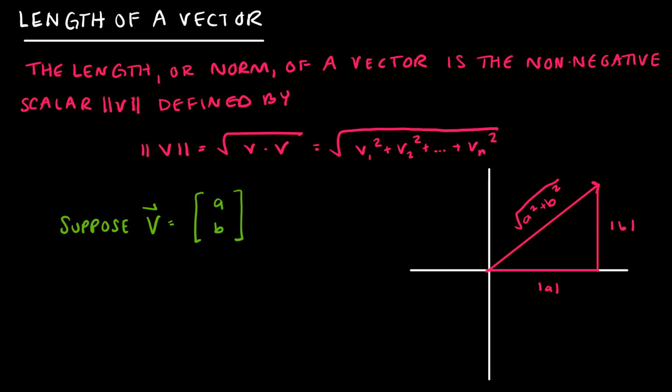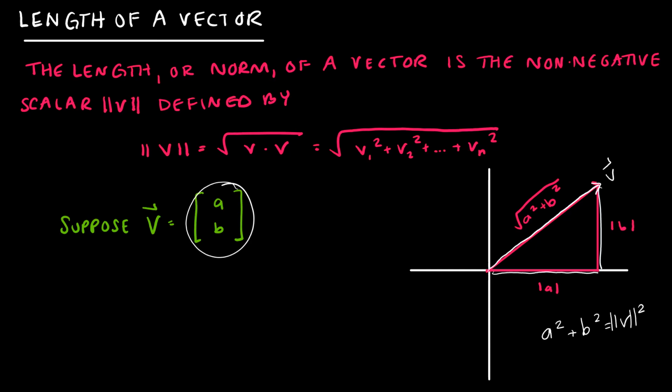If I have vector v is (a, b), and I'm trying to find this length, then I can take a squared plus b squared, and that's going to give me the length of v squared.